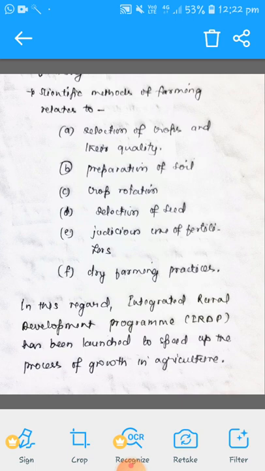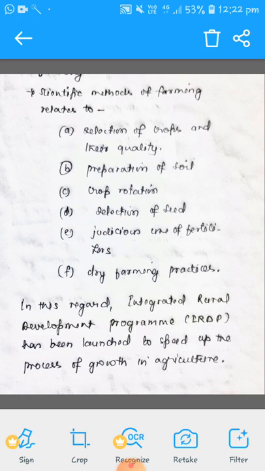Fertilizers are very expensive. The government gives a subsidy for the purchase of fertilizers to the farmers, but in fact they are very expensive, so we need economic use of them. Excess use will not give you any profits.